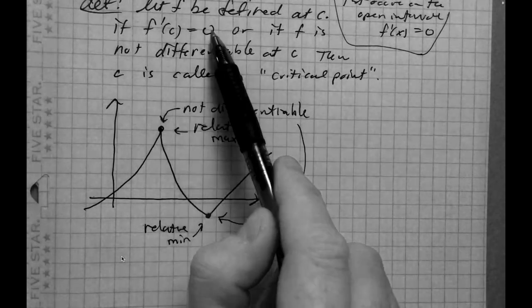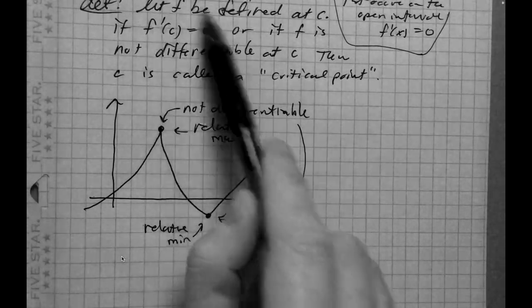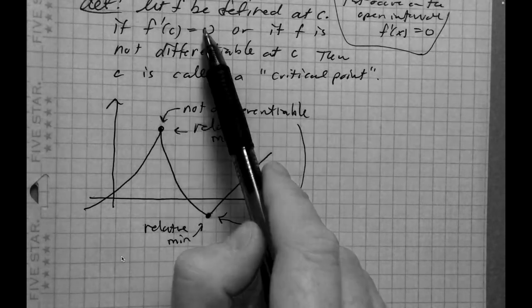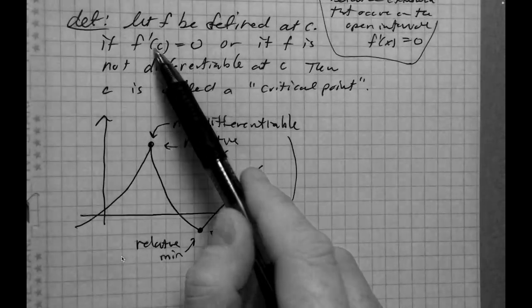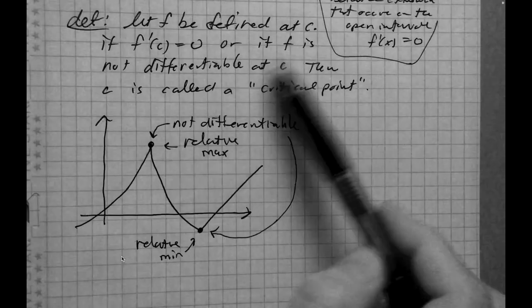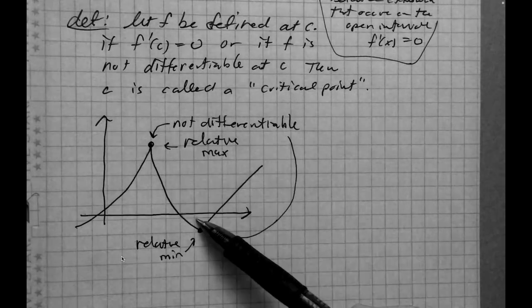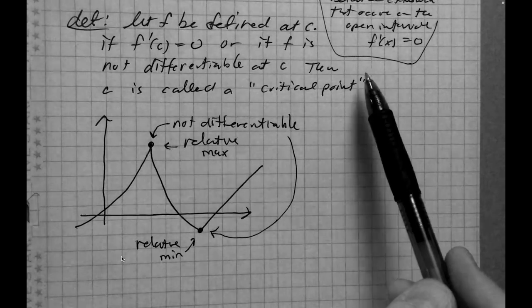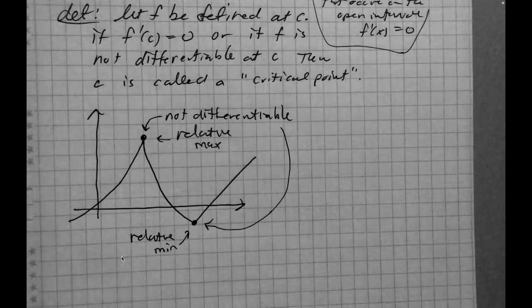If f prime of c is equal to 0, well, in a nice, smooth, differentiable region where the derivative is 0, that's the kind of relative max or min we just looked at in the previous example. Or, if f is not differentiable at c, as we see in this example, where these 2 points are non-differentiable, then those points are all called critical points.